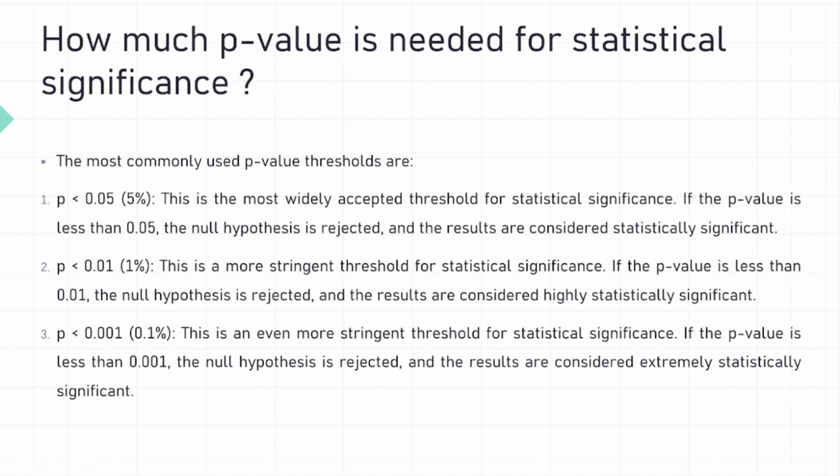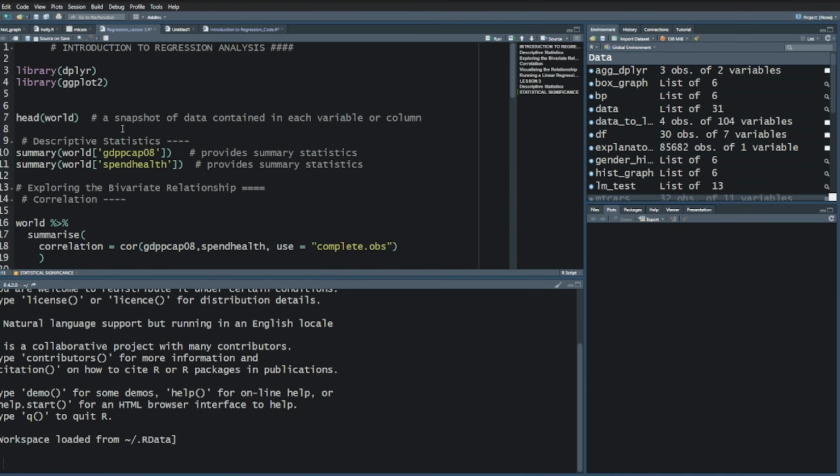So let's go to RStudio and generate a more detailed regression output for what we observed in lesson 1 and interpret it using what we've just learned. In lesson 1, we analyzed the relationship between GDP per capita and health expenditure. In other words, we want to find out if increases in GDP per capita increase countries' spending on health.